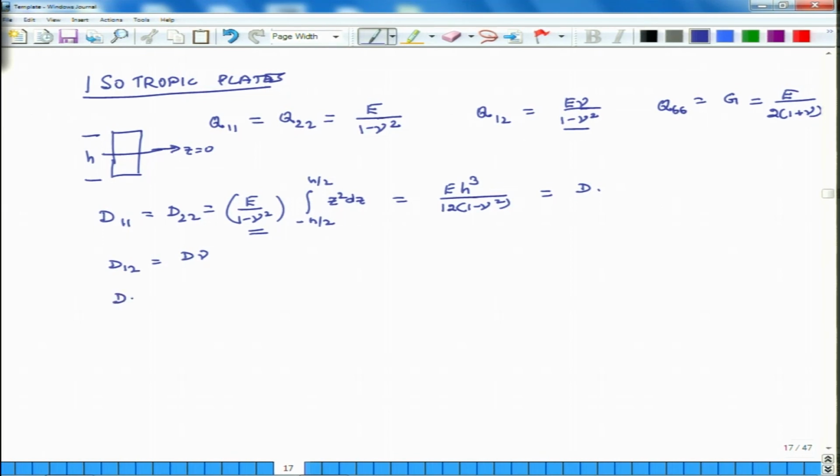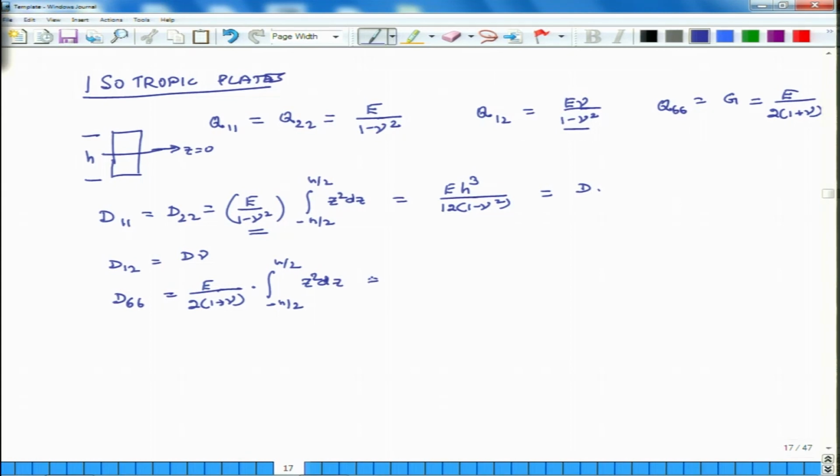And D66 is equal to E over 2 into 1 plus mu, into the integral from minus h over 2 to h over 2 of z square dz.